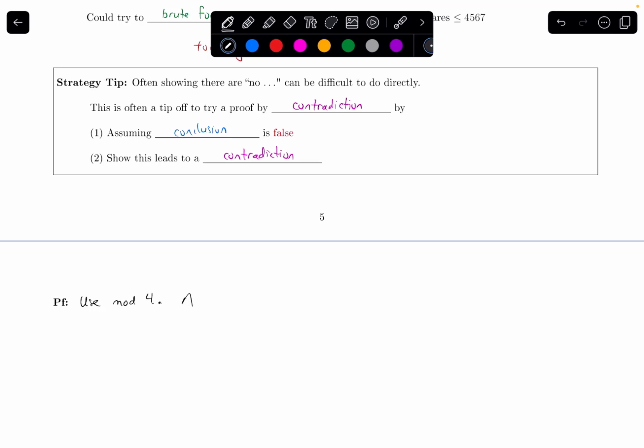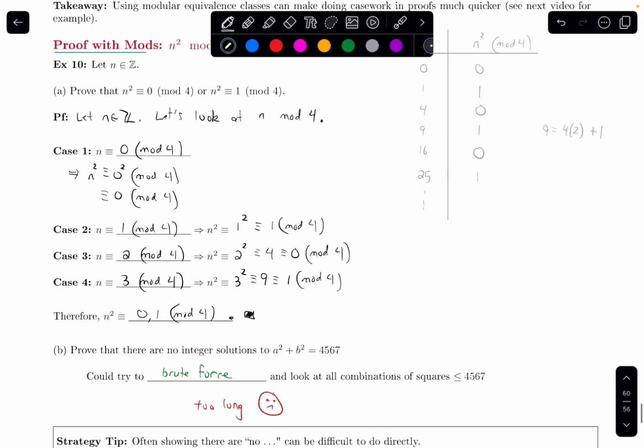And I'm going to assume for the sake of contradiction that there do exist an a and b, which are integers, such that a squared plus b squared equals 4,567. One of the ways I know to use mod 4, besides the fact that I'm doing this right below a problem in which I used mod 4, is that in this problem I have these perfect squares.